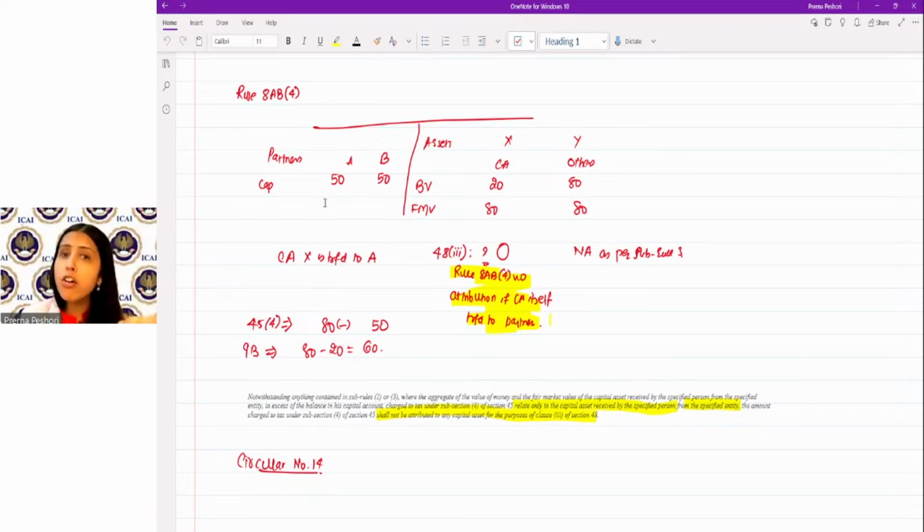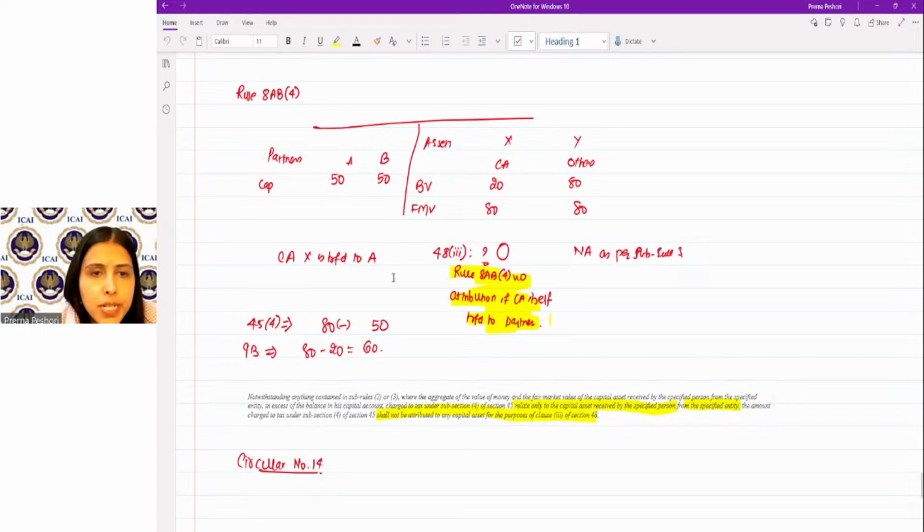Had it been Y also a capital asset which had been revalued, we would have attributed to that. But here there is no revaluation in Y, and Y is not even a capital asset. Are you getting that? So where the capital asset is transferred itself, there you will not get any relief. Are we clear?